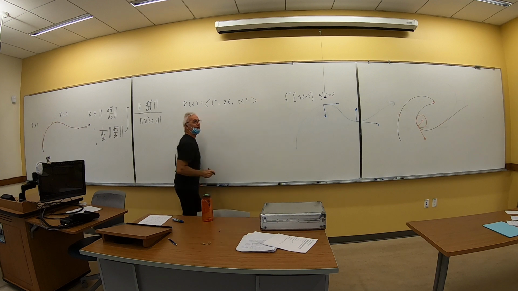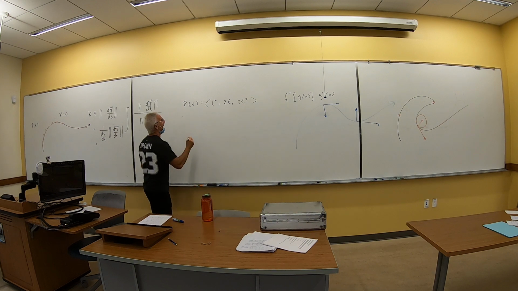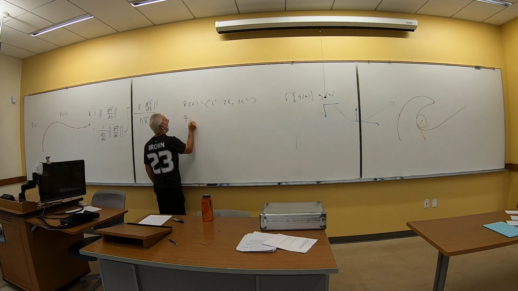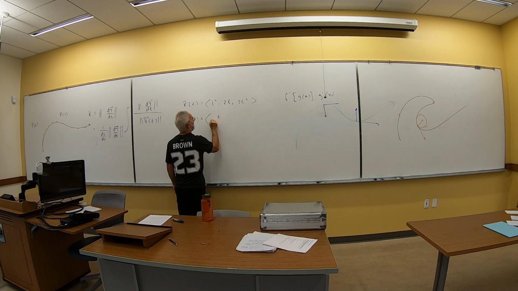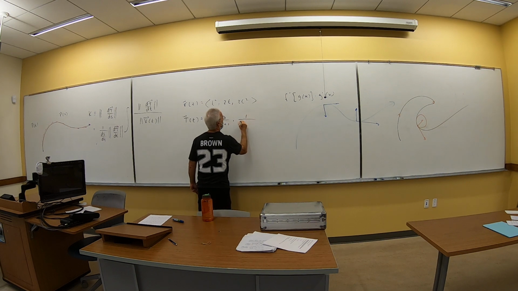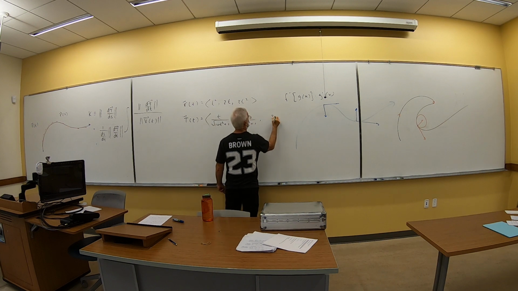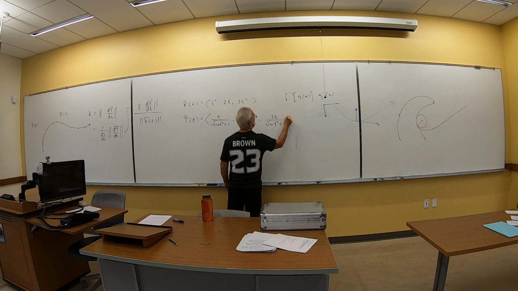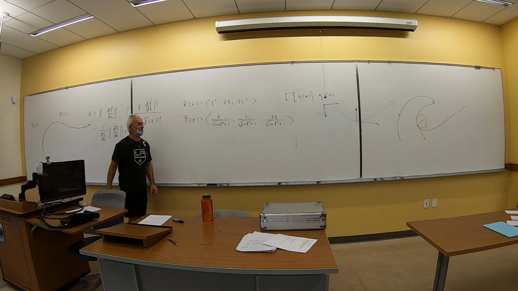Okay, good. That was our thing. And T(t), I think it was t over the root, and then 1 over the root, and then 3t over the root. I think we had all of this stuff.